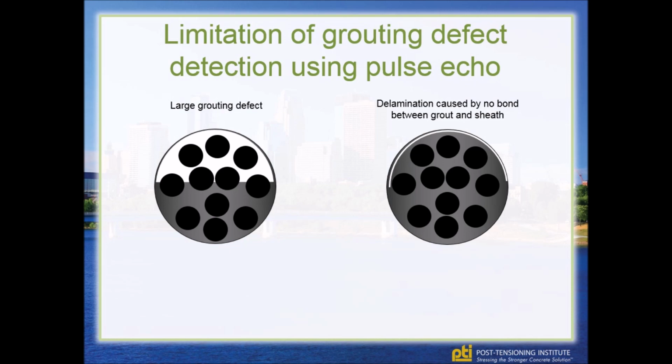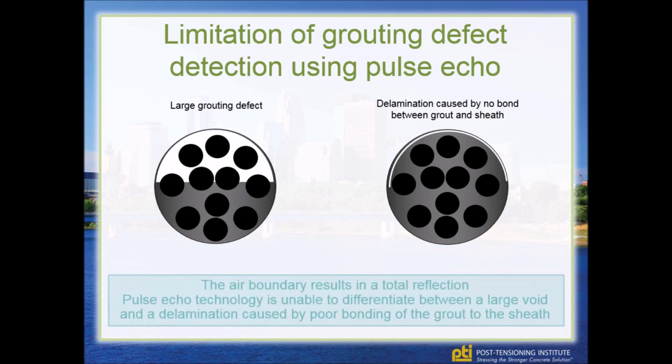We will get a total reflection from the air boundary from both cases, so we cannot differentiate between these two cases. There have been some cases of this. I know from personal experience in Germany where they've had this issue. So that's one limitation you have to be aware of.